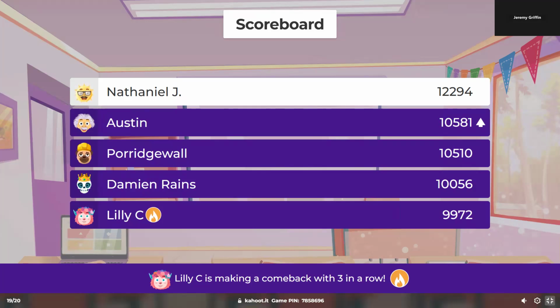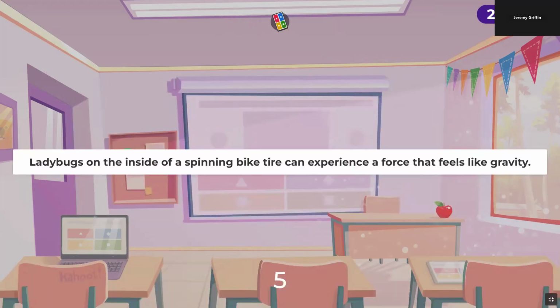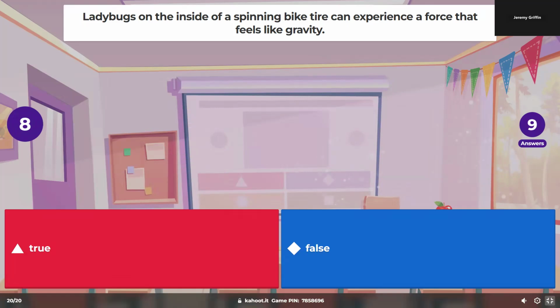Lily C on fire, Damian Reigns, Porridge Ball, Austin, Nathaniel J. Oh, is this for the win? I think it's the last question. For the win. Who will win? Kahoot. Ladybug on the inside of a spinning bike tire can't experience a force that feels like gravity. So put the ladybug in the tire. Throw it off a cliff.